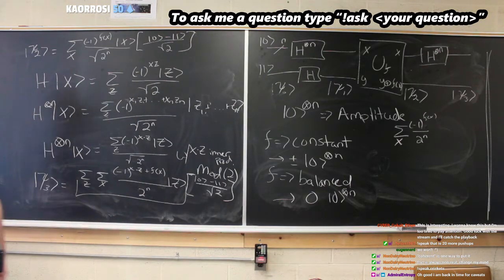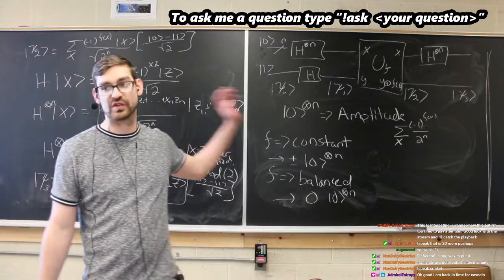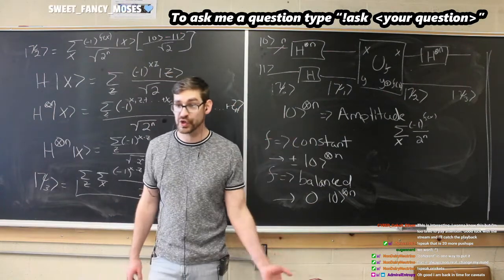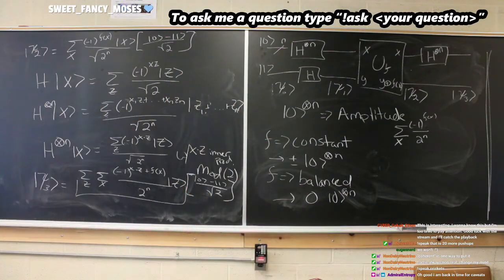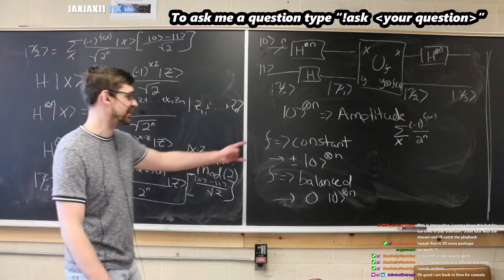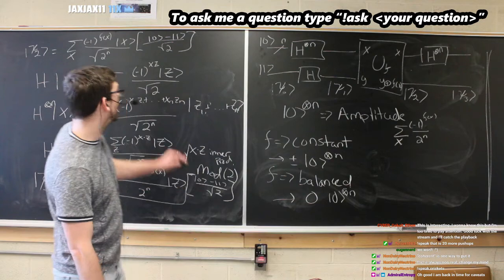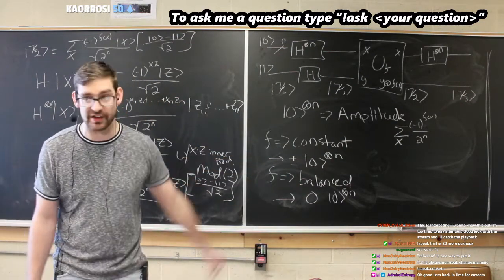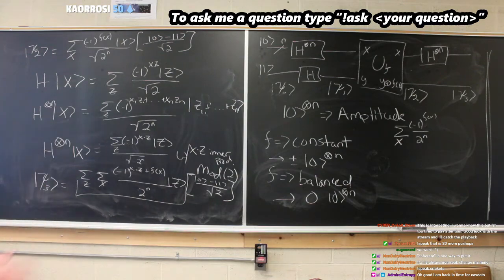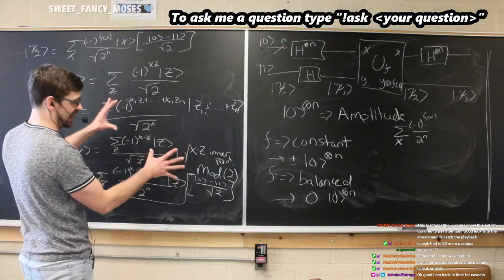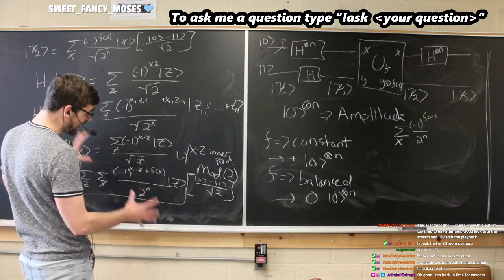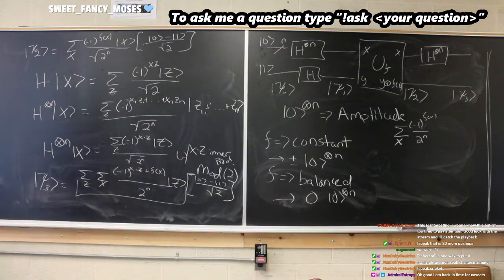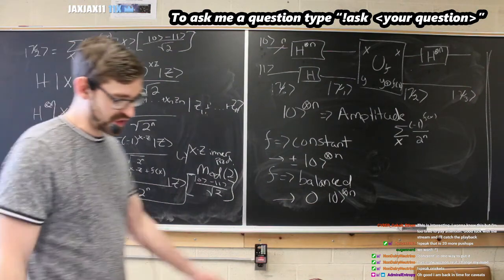It's not 100% fair to say that Alice needs to send 2 to the n over 2 plus 1 letters to Bob in order to figure out whether or not his function is constant or balanced, or whether she needs to just send 1 letter and then measure 1 state to figure it out. So while it's really cool and nothing should be taken away from the outcome here, it's not a fair comparison in terms of energy cost or things of that nature. It's a little bit different.